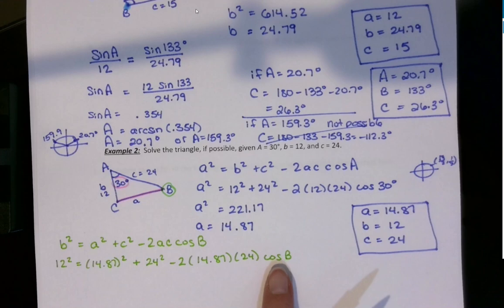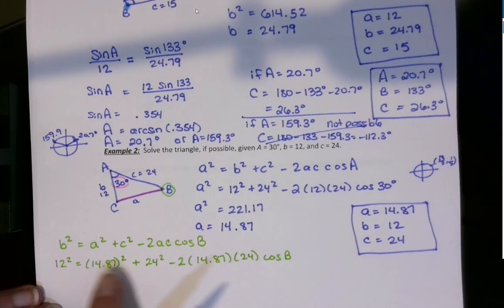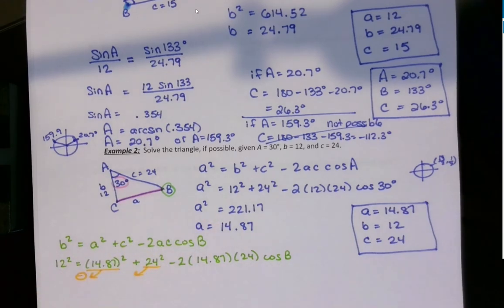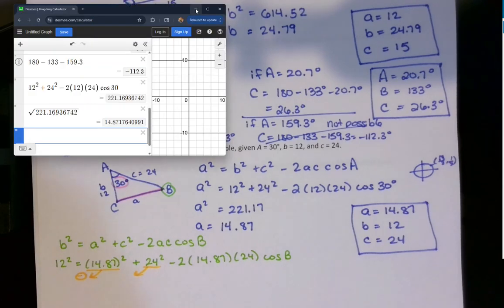I have to get the cosine of angle B by itself, so I'm going to subtract these 2 values over. So let me just highlight and indicate that I'm going to subtract these 2 values over, and I'm going to do that in the calculator. So we'll take our 12 squared and we're going to subtract the 14.87 squared.